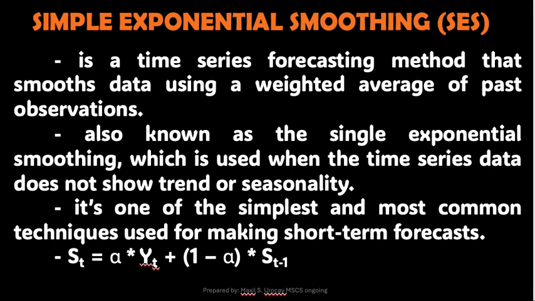So in this type of forecasting model, we are not dealing with trend nor seasonality. If the data does not show both trend and seasonality, you will just use simple exponential smoothing, also known as single exponential smoothing.